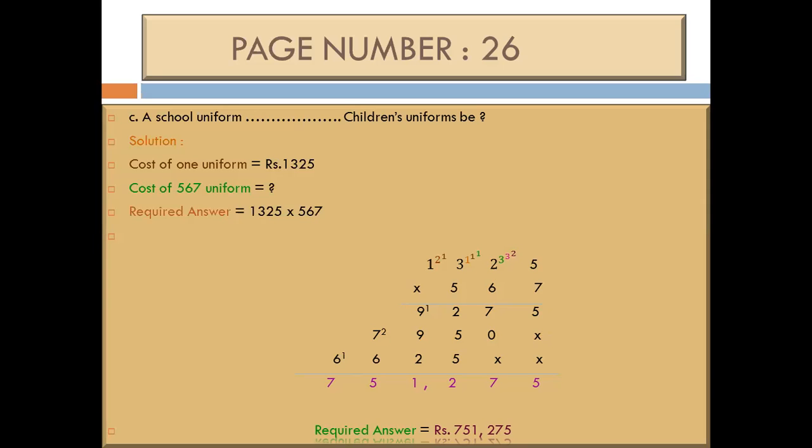We write 1 and we carry 2 on 7. 7 plus 2, 9. 9 and 6, 10, 11, 12, 13, 14, 15. We write here 5 and we carry 1 on 6. 6 plus 1 is 7. So our required answer is 751,275. I think, students, all the multiplication is clear to you.